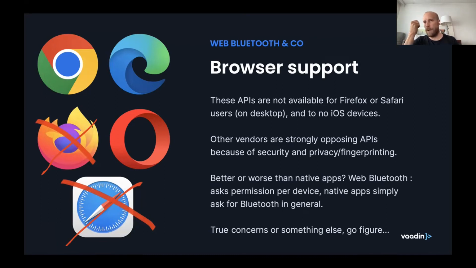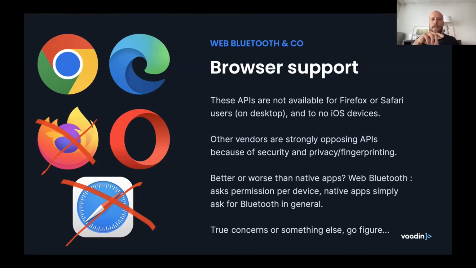So for example, if you install a native application on Android, that also has this kind of security concerns. And iOS as well. Quite often you see a native application asking, can I use Bluetooth on this device? But that's the difference here.